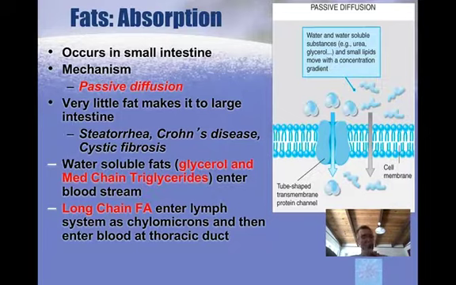So there is no specific protein carrier needed, nor is there ATP needed for this. So it's literally strictly a concentration gradient type of mechanism. If there's a lot of fat in the intestine, it will diffuse across the membrane until we reach a point of equilibrium.